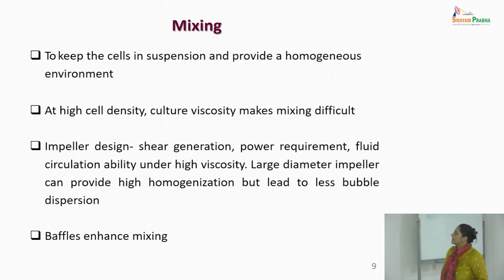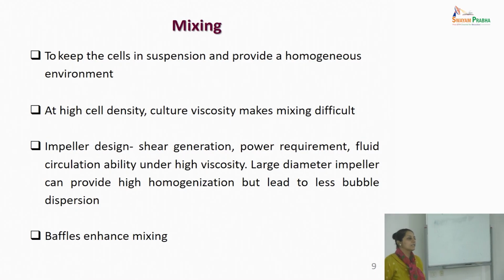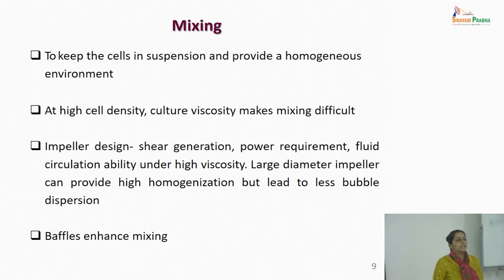So the purpose of mixing is to keep the cells in suspension and to provide a homogeneous environment, especially with plant cells because they are high density relatively in comparison to microbial cells. As I gave you an example, although they were growing so well, in the end there was a compromise in the biomass productivity just because they had become so dense that they settled down in the reactor.